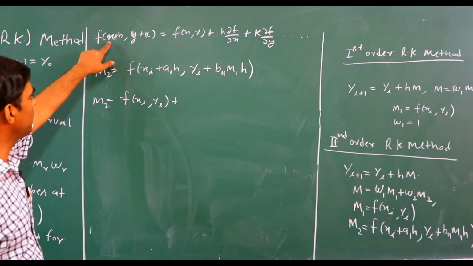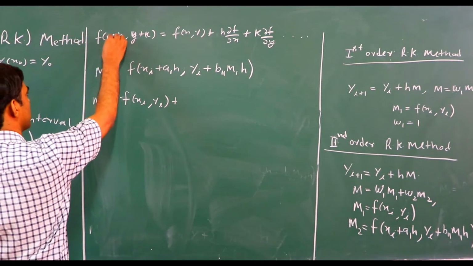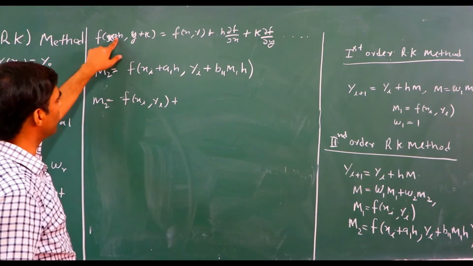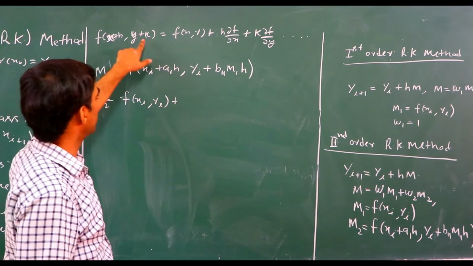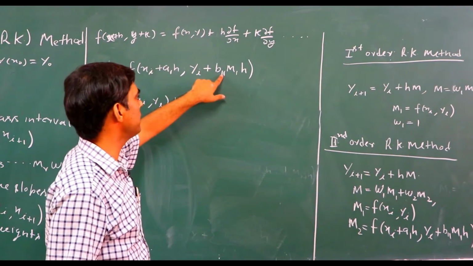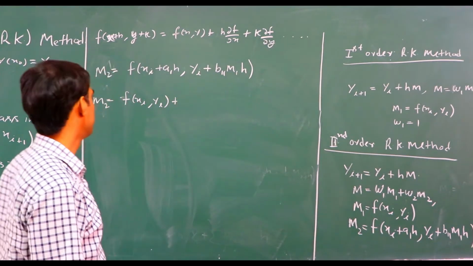In this way we compare. This one is x. What is the value of h here? This one is a1 h. What is the value of k here? This one is b11 m1 h.